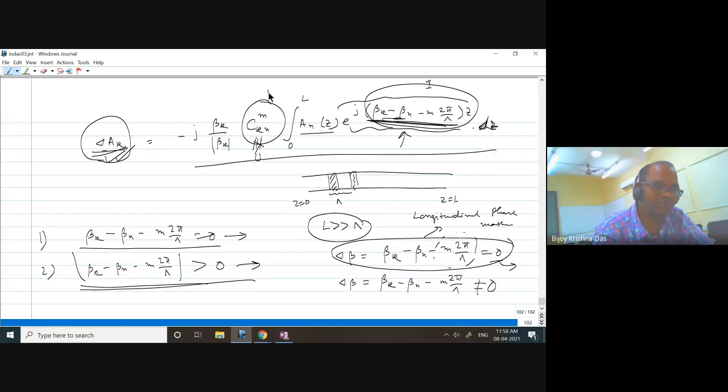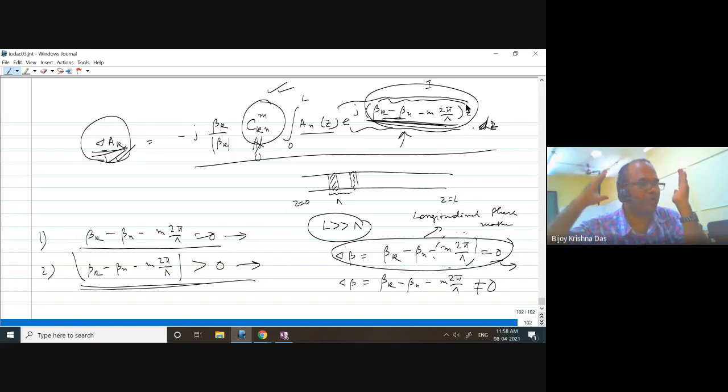So coupling can happen if this is non-zero and this is equal to 0, approximately or nearly or completely. Then only two modes can exchange their power. Otherwise, because of the orthogonality condition, they can't share power. They cannot exchange power. If you are launching 1 watt in the first mode, 1 watt will be carried by that particular mode. If the second mode has 5 watt, that 5 watt will be carried alone by that mode, as long as you don't have any perturbation or phase matching condition.